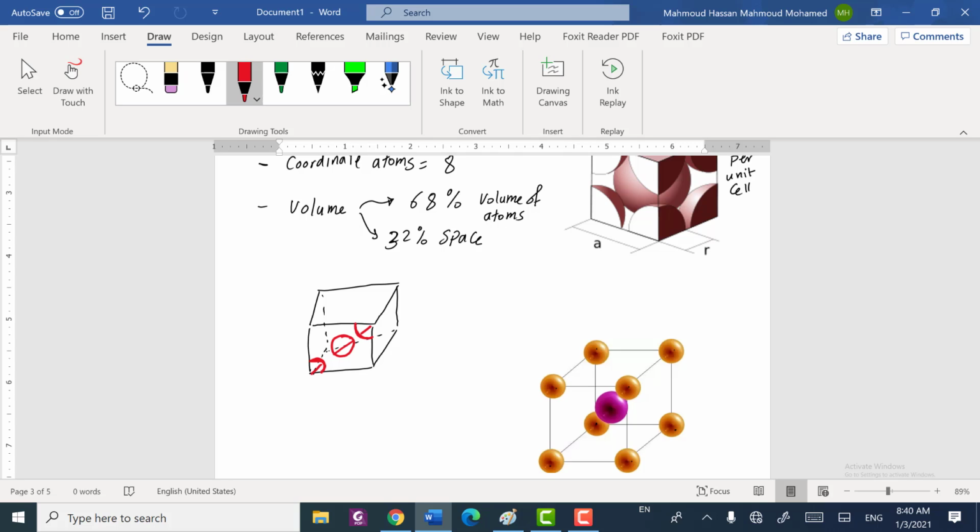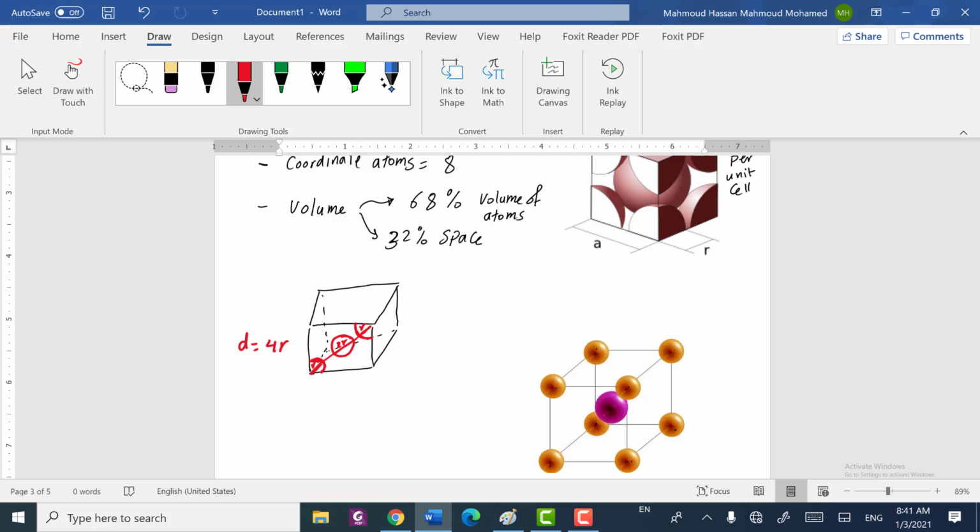So the long diagonal for this cell represented by d equals R plus 2R plus R, which equals 4R.